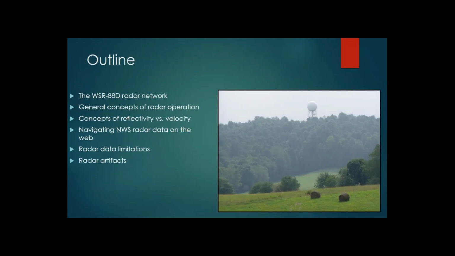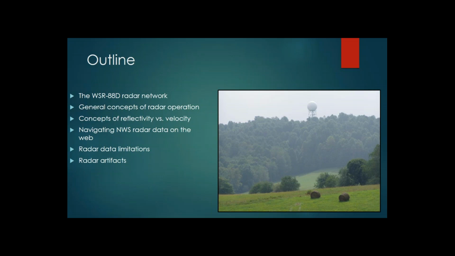Here's the basic outline that I'll be talking to you about. Talk generally about the WSR-88D Radar Network, which is the National Weather Service Radar Network. We'll talk about general concepts of radar operation, concepts of reflectivity and velocity, two key terms when understanding radar imagery, and interpolating data.